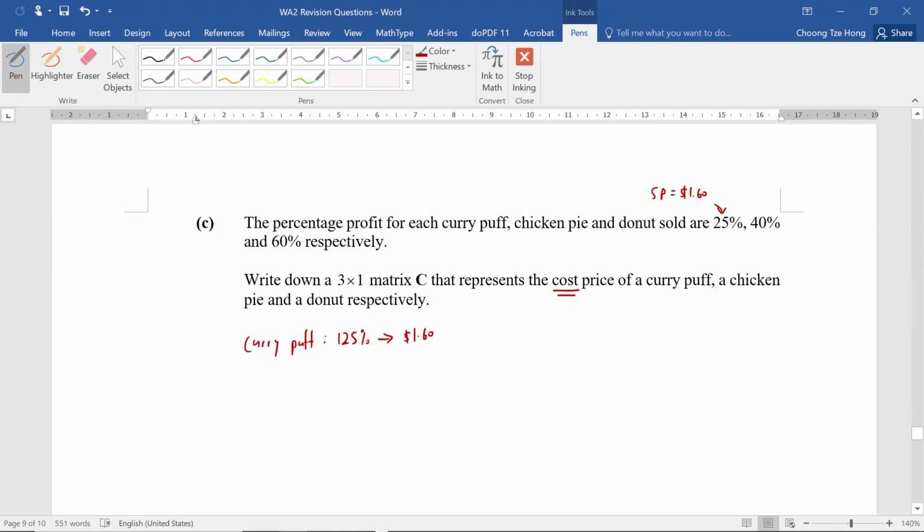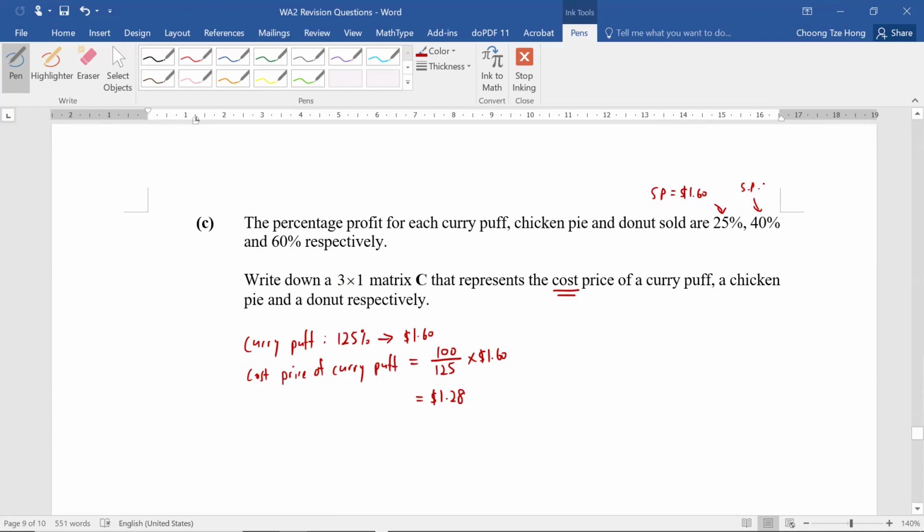So the cost price of curry puff will be 100 over 125% times 160. That will give us 128.